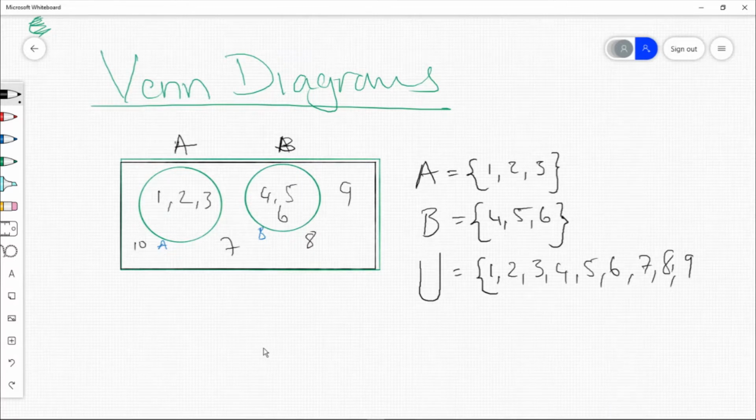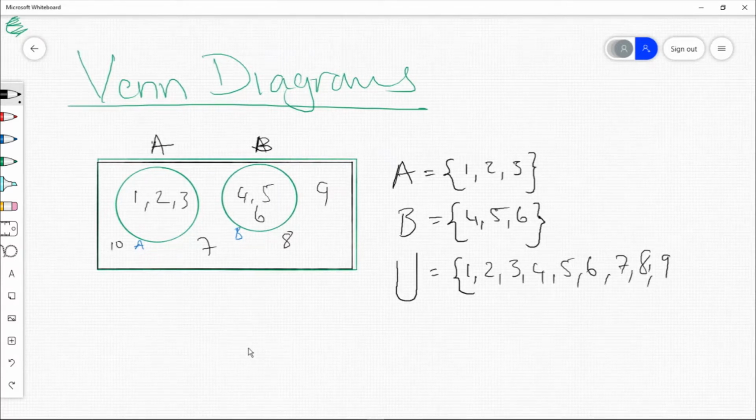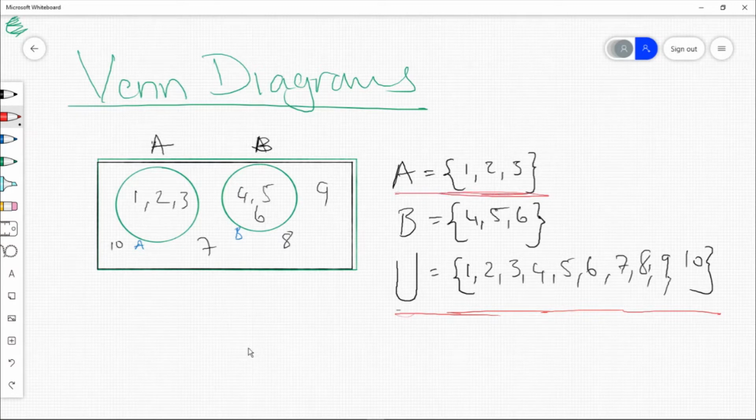This will be the universal set that contains all those elements, and you have A that only has these elements and B that only has those.